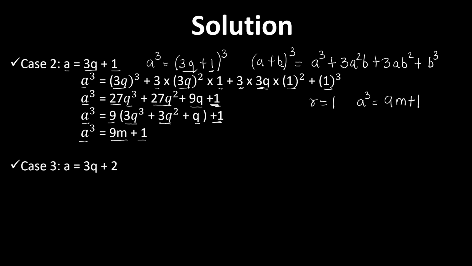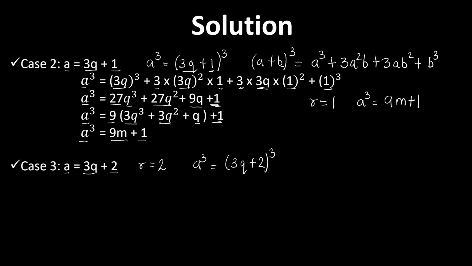So in the third case, we will be writing a equals 3q plus 2, where remainder is equal to 2. If we take the cube on both sides, we will be writing a cube is equal to (3q plus 2) whole cube. Now how to expand it?